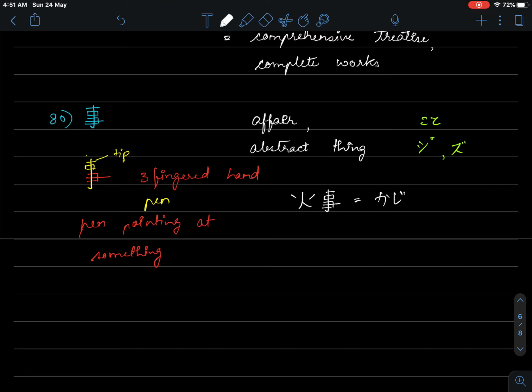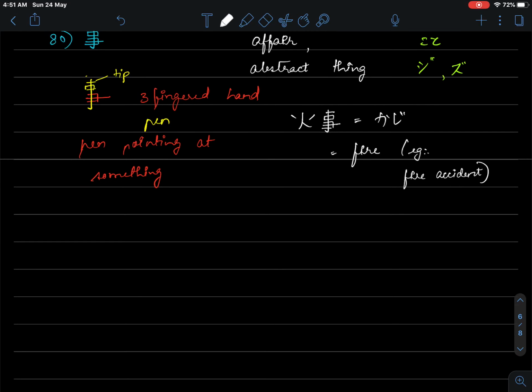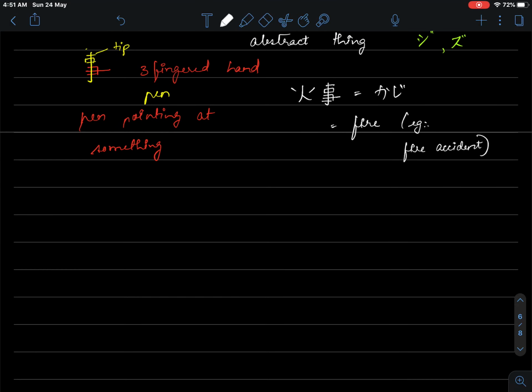So fire affair, which means fire, and more like a fire accident. So example, fire accident. Okay, not just a bonfire or a fire at the fireplace. Okay, an incident involving fire. Okay, fire accidents, for example.